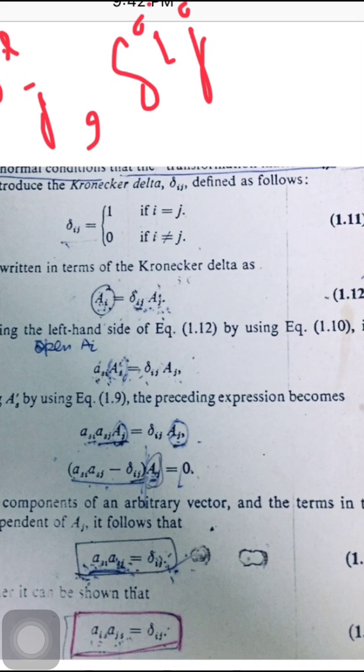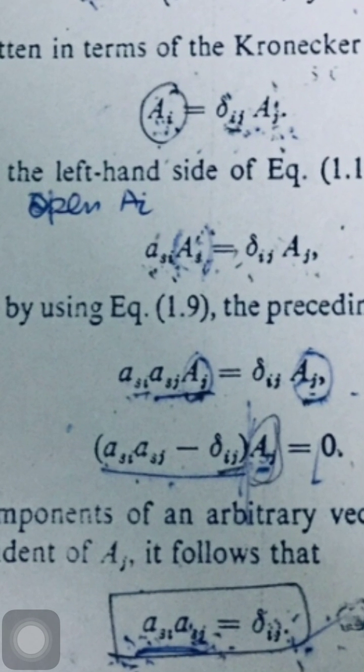Now again in that equation, a_i dash may be written again from prime to unprime. So we again use the transformation law, a_si a_sj a_j is equal to delta_ij a_j.